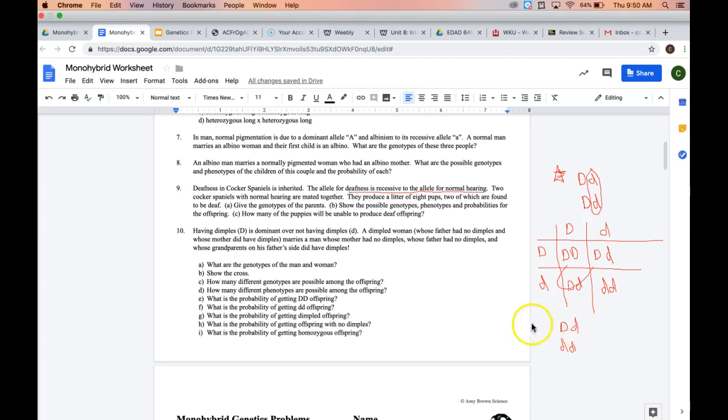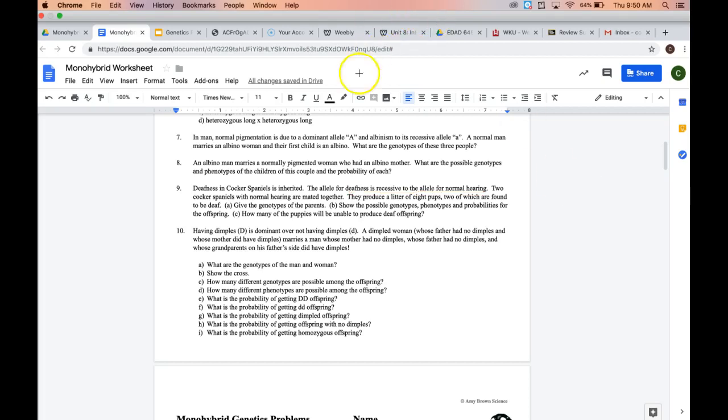Now, in order for this to produce a deaf offspring, it would have to marry another heterozygote or homozygous recessive. Okay, and then this would have to marry either one of these as well. So the only one that can't is the one that does not carry an allele for deafness. Okay.